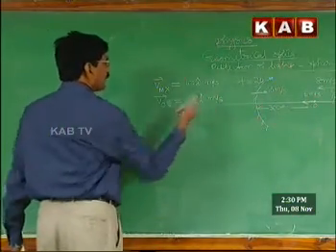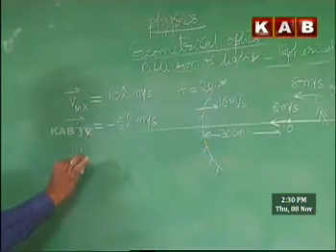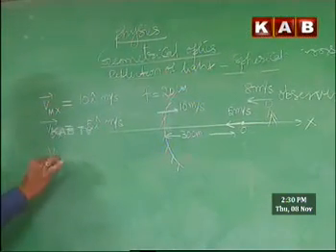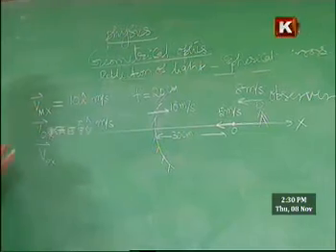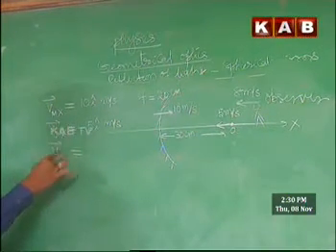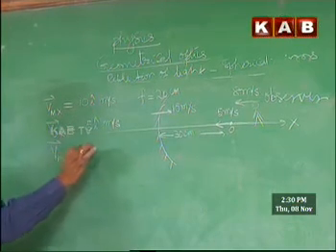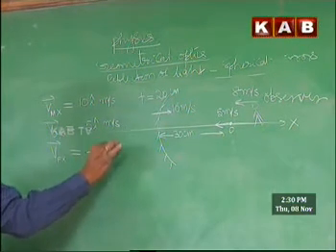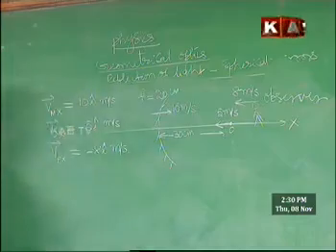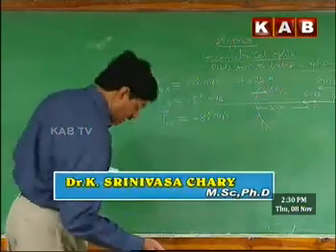Velocity of the observer person, the x component of velocity of the person, is also minus 8 i meters per second. Now, our interest is to calculate the velocity of the image.